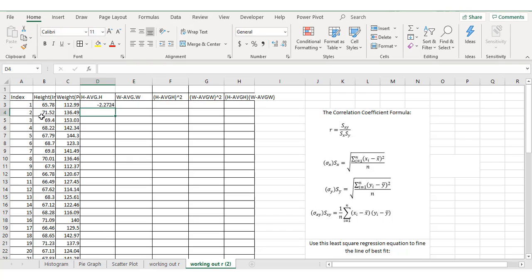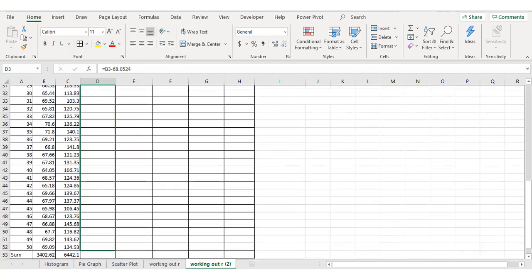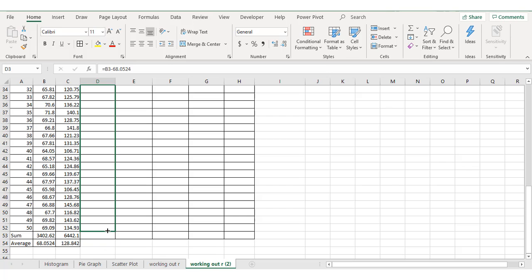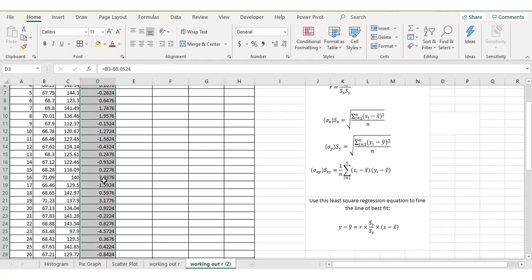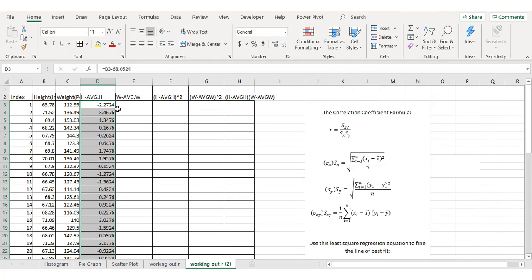Then press enter. Then click this cell, find this plus sign, and drop down to the 50 data. It will do this operation automatically for you.